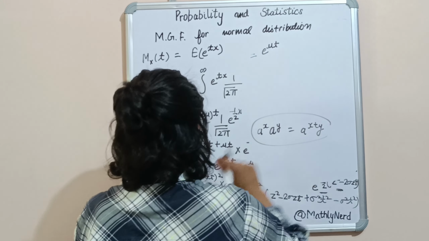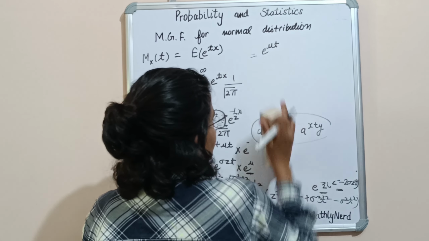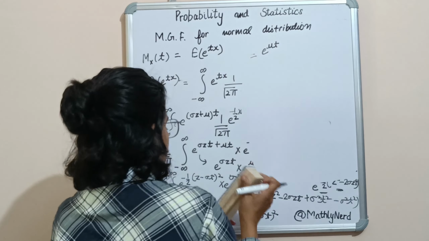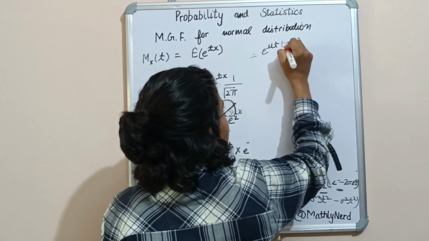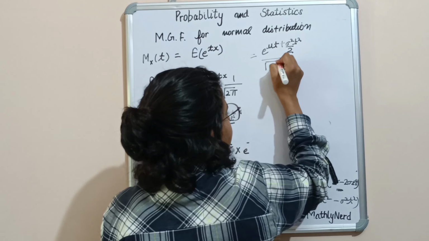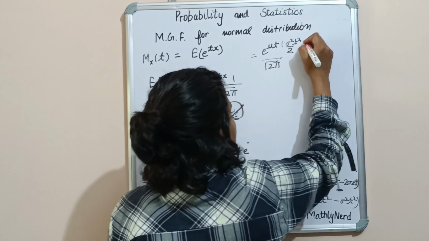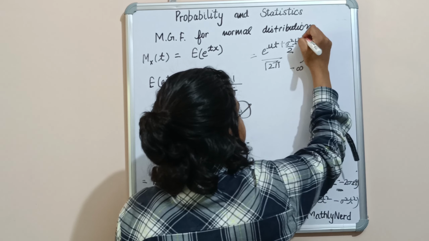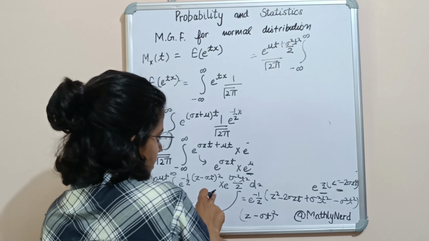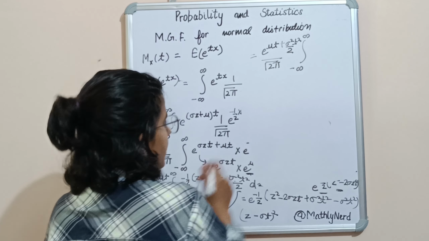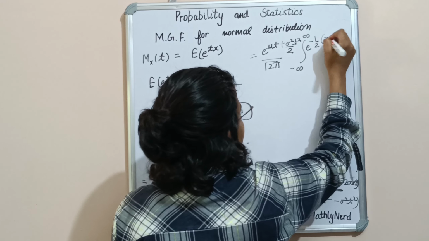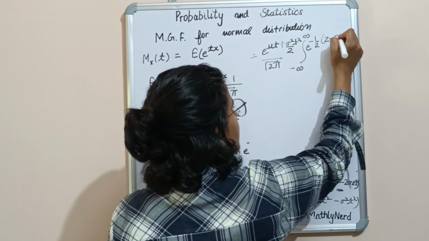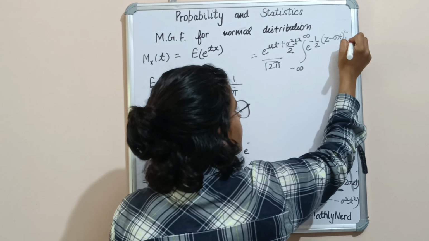Using this property, this will be equal to e raised to (mu t plus sigma square t square by 2) divided by under root 2 pi, integration from minus infinity to infinity of e raised to power minus 1 by 2 (z minus sigma t) whole square into dz.